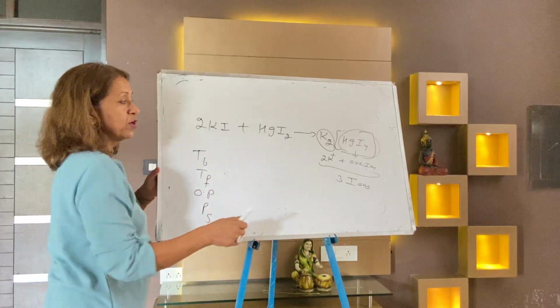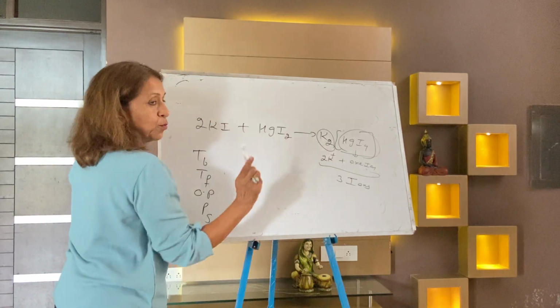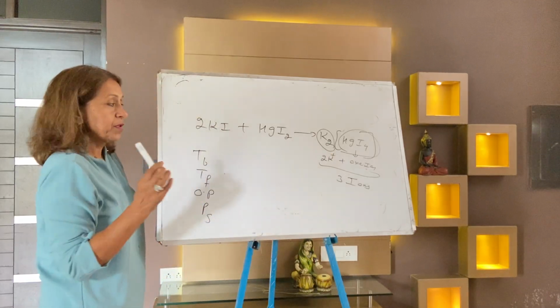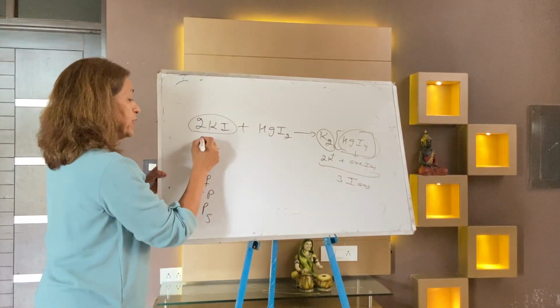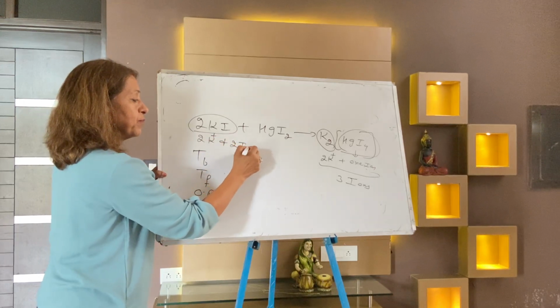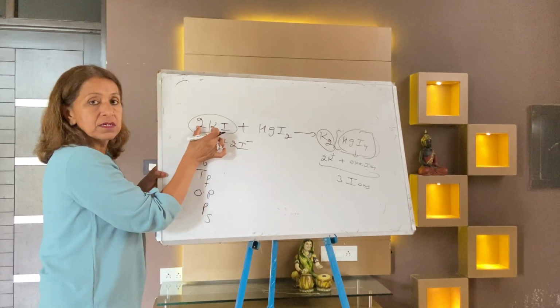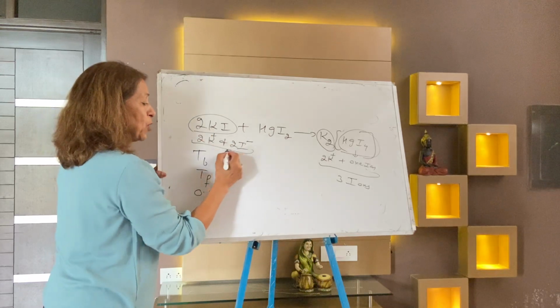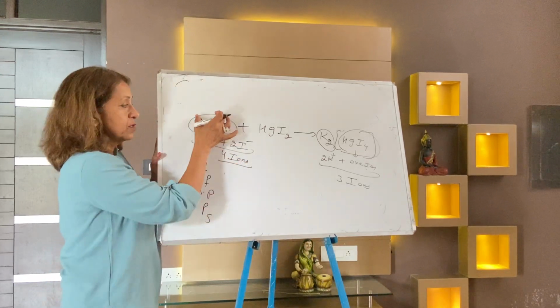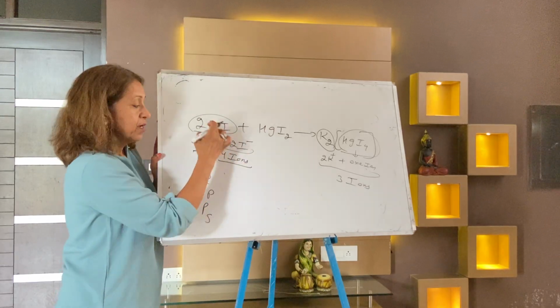Check minutely: 2 potassium ions, and the other anion is HgI4. Total ions are 3. In the reactant, it is 2K+ and 2I-. This means the number of ions is 4. This is an electrolyte carrying 4 ions.